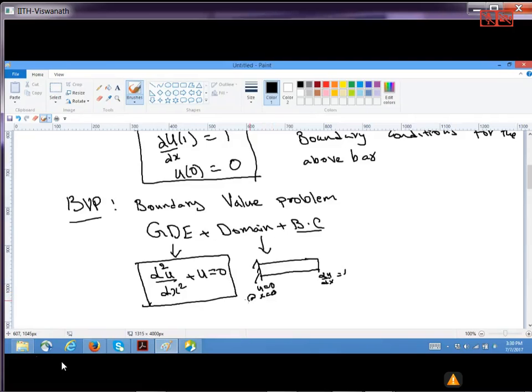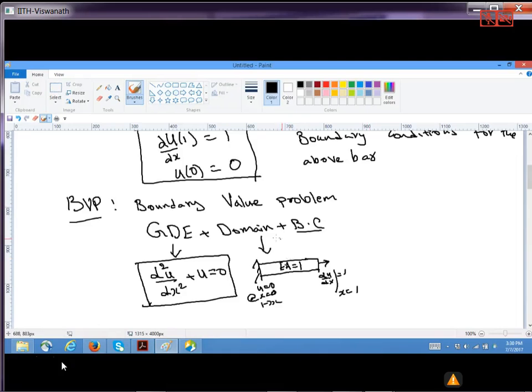X is measured from here. Here it is at x is equal to 1. So let's assume EA is equal to 1, E into A. This is our assumption. So we are solving this problem for a point load which is also 1. So we have a domain.